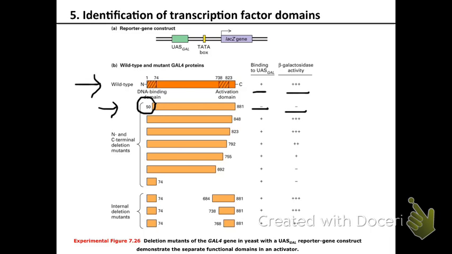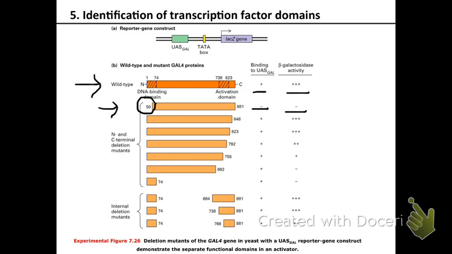Okay, so then what you can do is make serial deletions to narrow down the regions that are important for each individual activity. So you decide, okay, the N-terminal end of the protein is DNA binding. Let me find the activation domain, and let's start from the C-terminal, right?